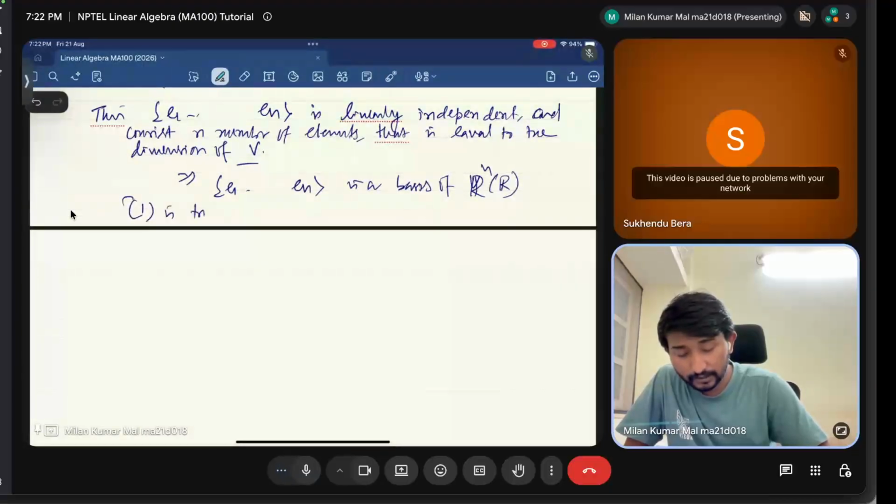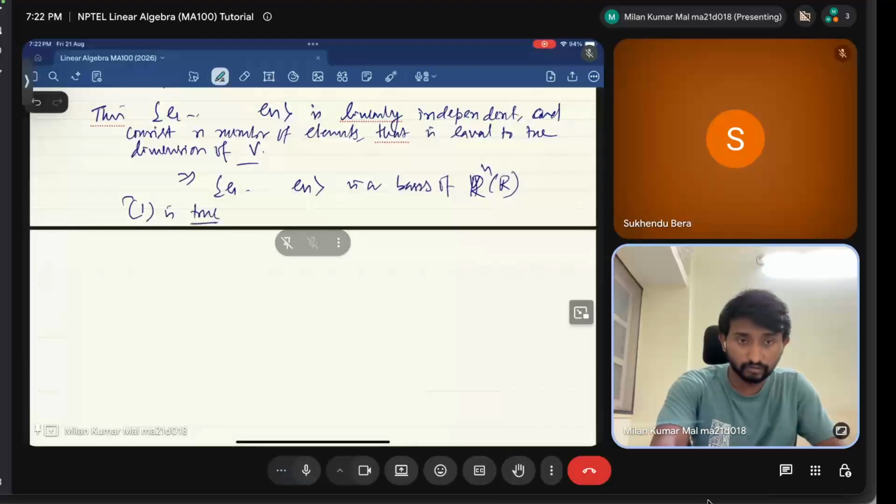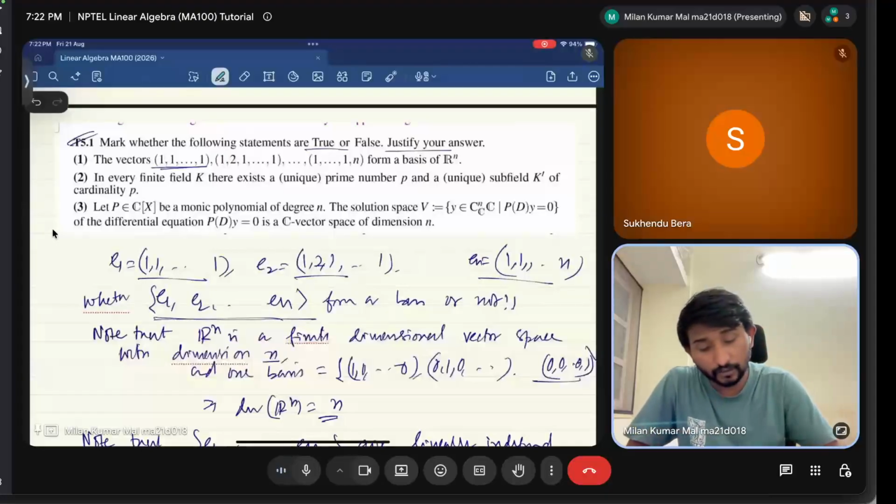This is the first question, which asks whether this set of vectors forms a basis or not.